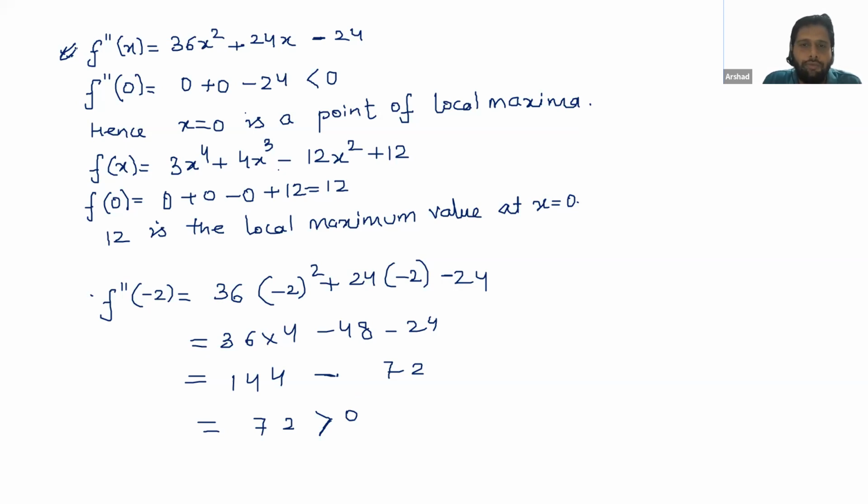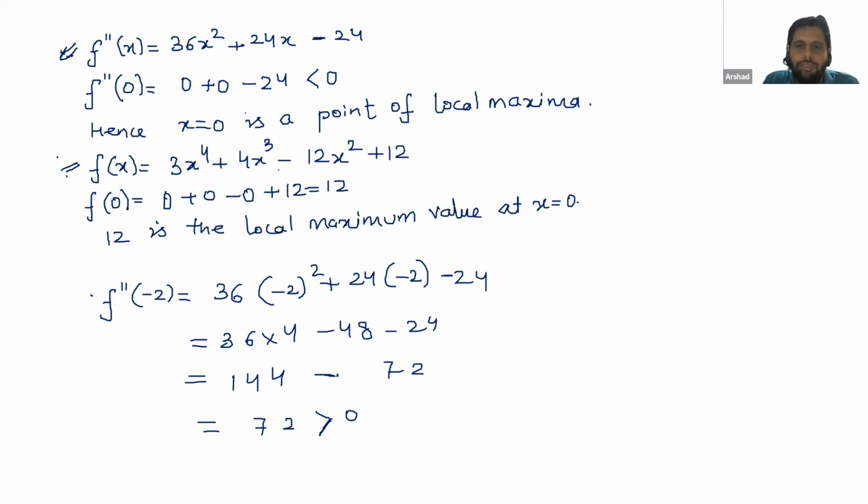By putting the value in the second order derivative, you will get to know whether it is a point of local maxima or local minima. Once it is decided that this is a point of local minima, then substitute in the function to find the local maximum value. So the deciding equation will be the second order derivative. Once it is confirmed that it is a point of local maxima or local minima, then put it in your main function.